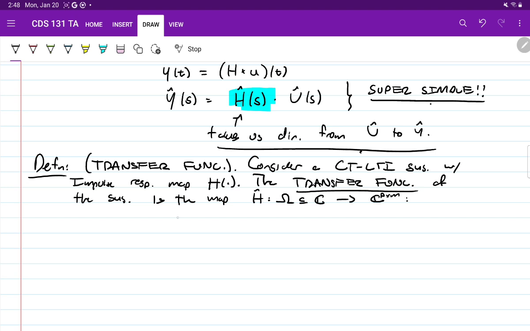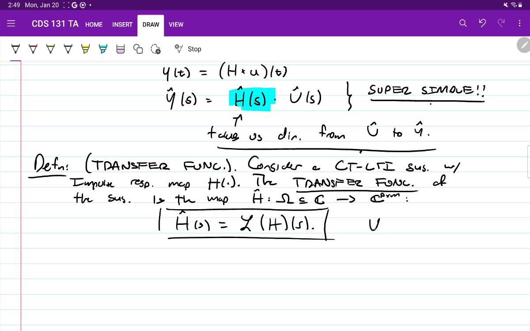This is defined as the Laplace transform of h, so h hat of s is equal to L of h at s. It's defined this way for all s in omega, where omega is the region of convergence of the transform. So the transfer function of the system is simply defined as the Laplace transform of the impulse response map.